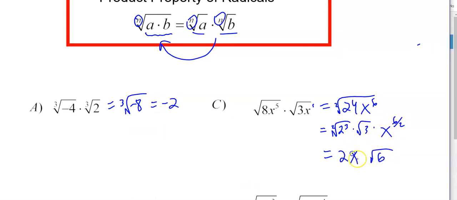X to the third is also simplified there on the outside of that. So it's 2x to the third times the square root of 6, because there were 2 of these that come out. If you look at that, that's really the square root of 2 squared times the square root of 2 to the first. So this one simplifies, this one doesn't. So it's left over inside there. So square root of 2 times square root of 3 is square root of 6 there.